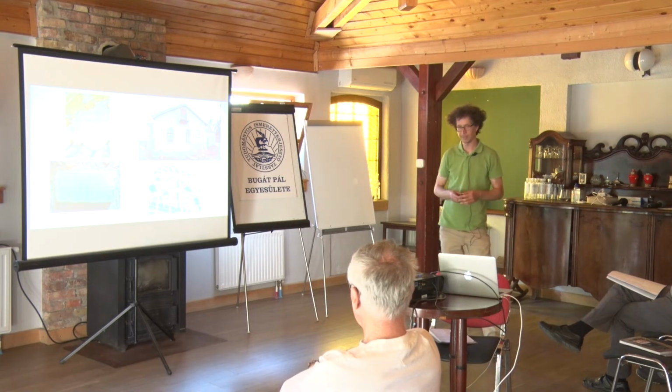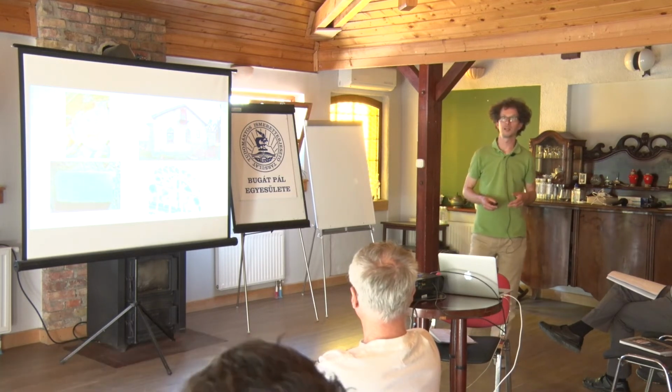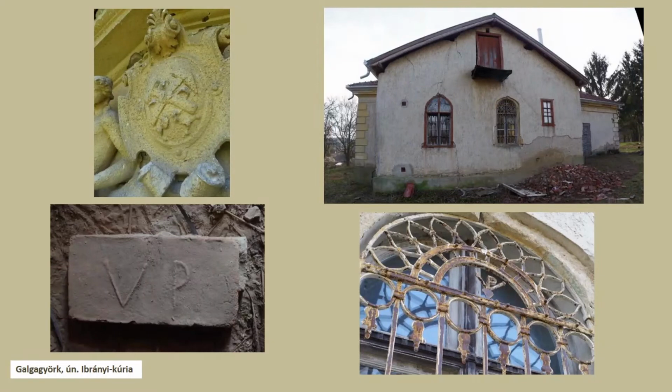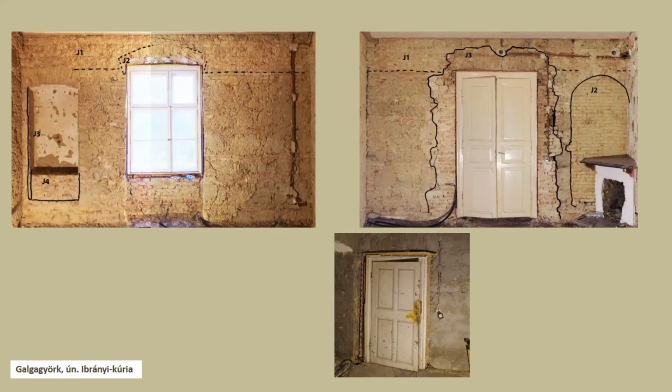And when I found the documentation in the archives, it turned out that a family called Veres were the owners of this mansion, and Peter Veres then had his own mansion built for himself. So we could identify that this building is a lot earlier than it was thought, and this description is of course modified.